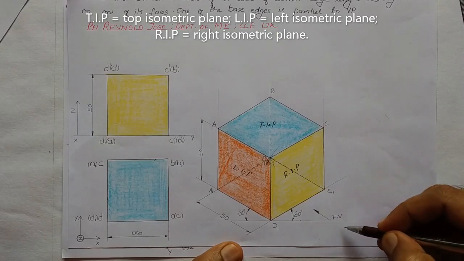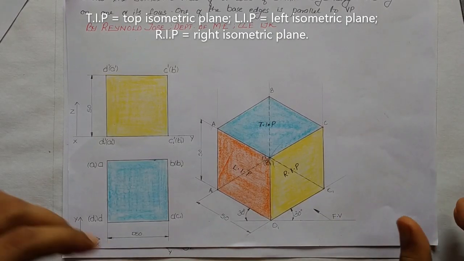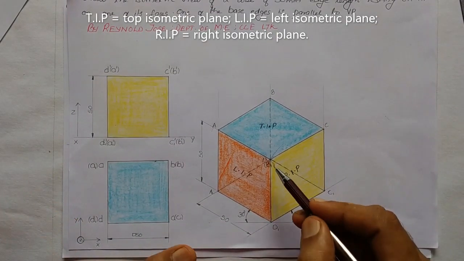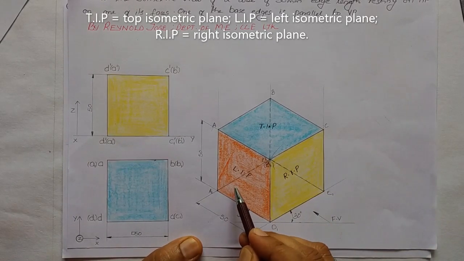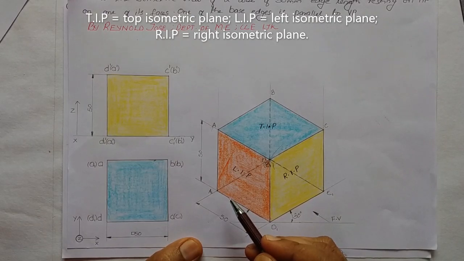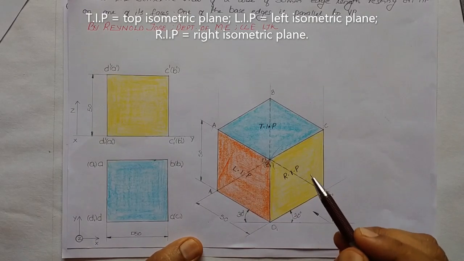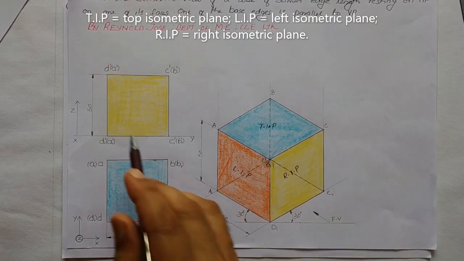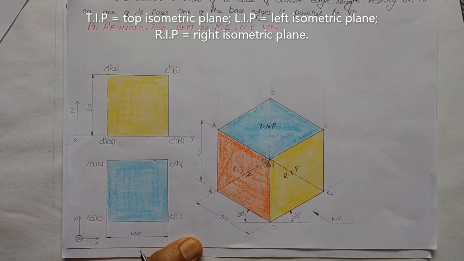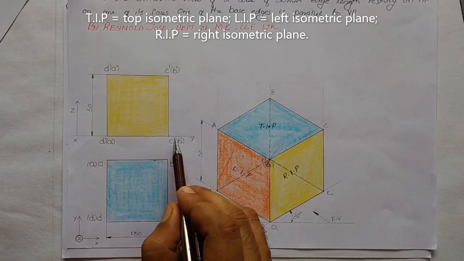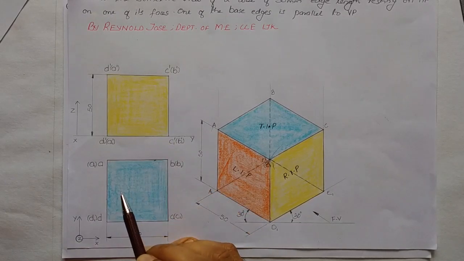So this is the direction of the front view, and what we have to do now is bring this front face onto the left isometric plane. So what must be done here? In order to get this front face, that is d d1 c1 c, on the left isometric plane, we have to take point c1 as the origin.